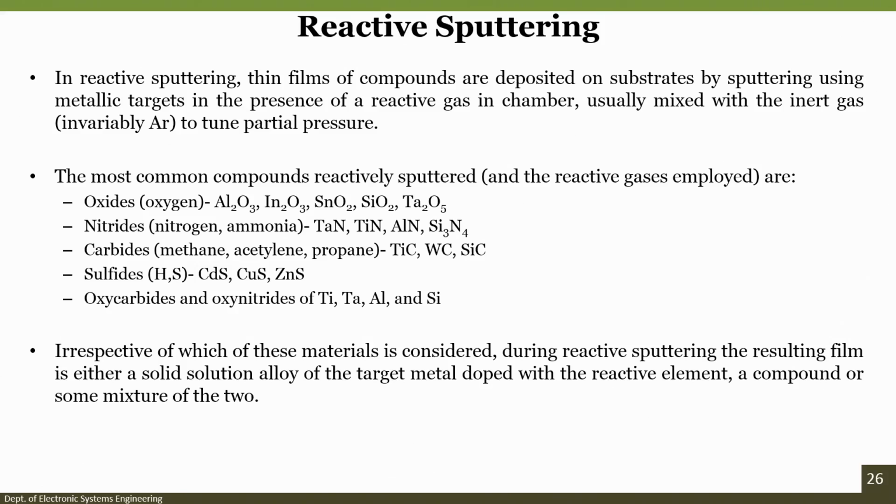You can also deposit copper sulphate, zinc sulphate, or oxycarbides like titanium, tantalum, aluminum and silicon. All these things are possible if we go for reactive sputtering.